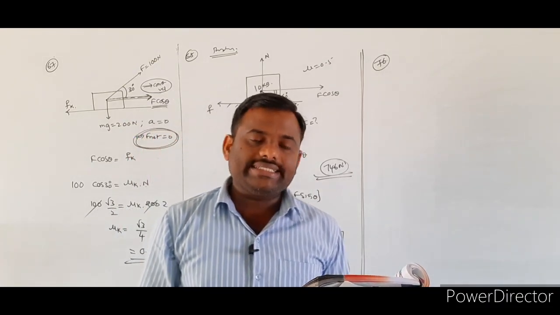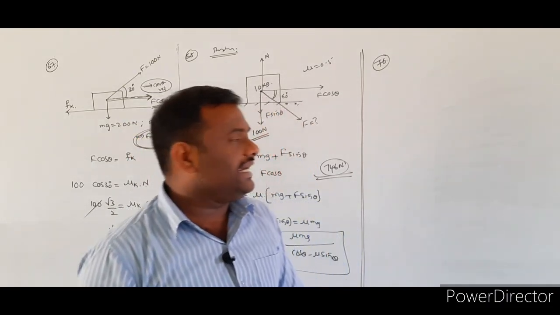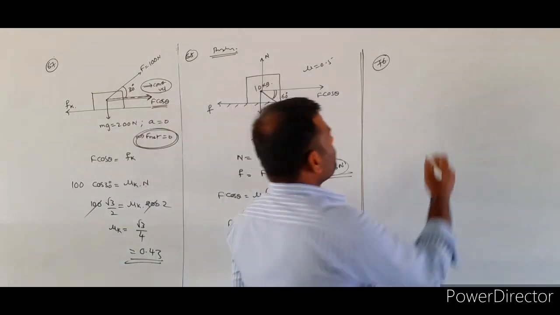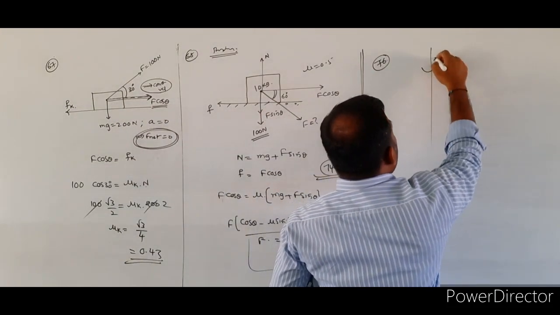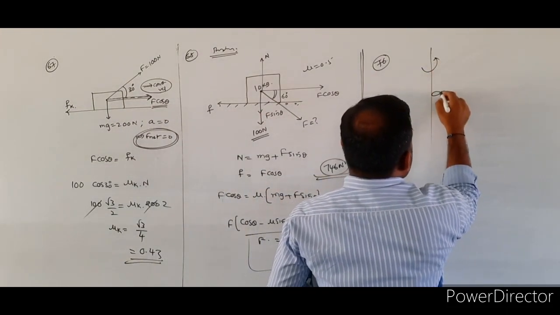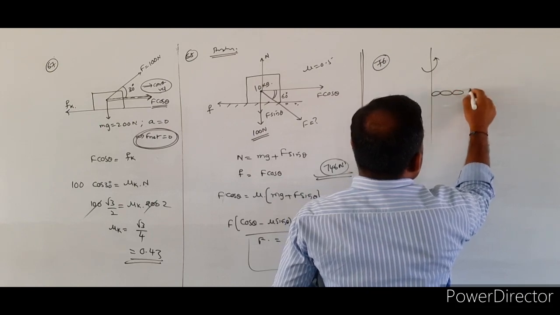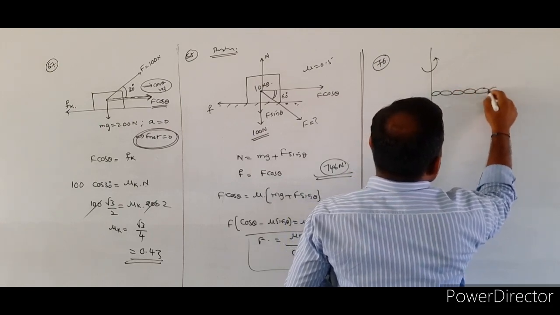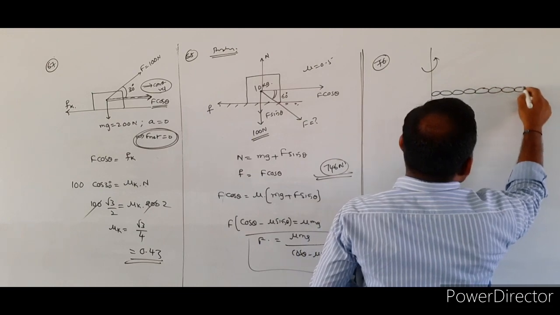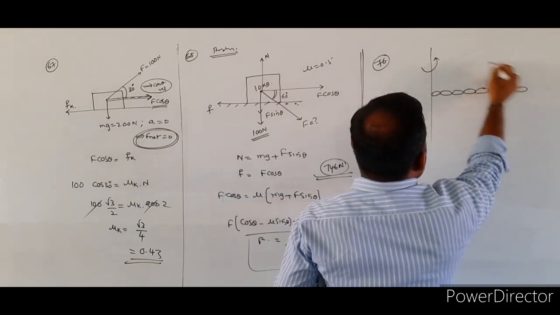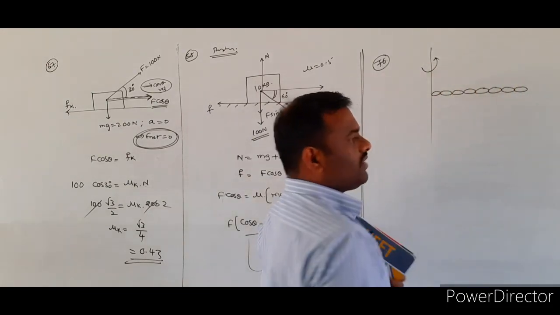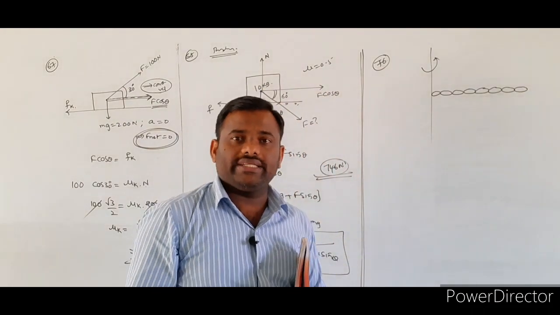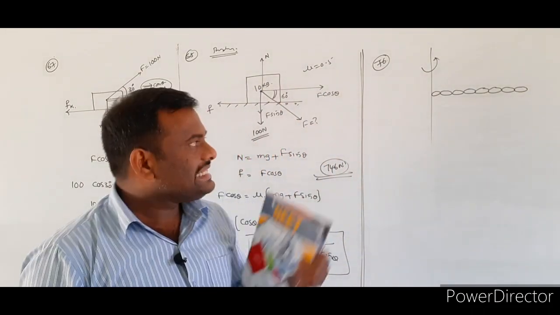The tension at its axis is, see here, this is the axis of rotation. We are assuming that with respect to this axis of rotation, the chain is rotating in the horizontal circular path. So we have to calculate the tension produced within the chain.